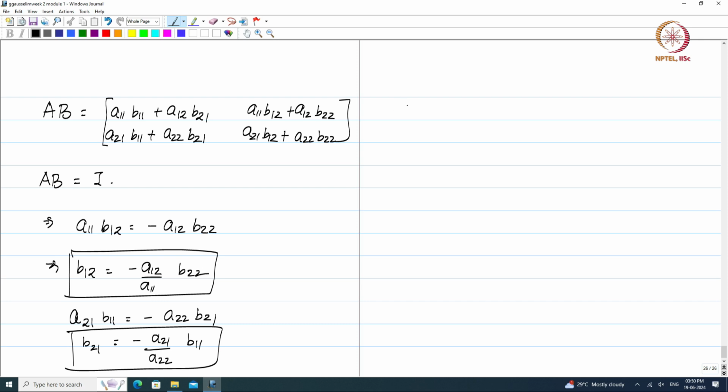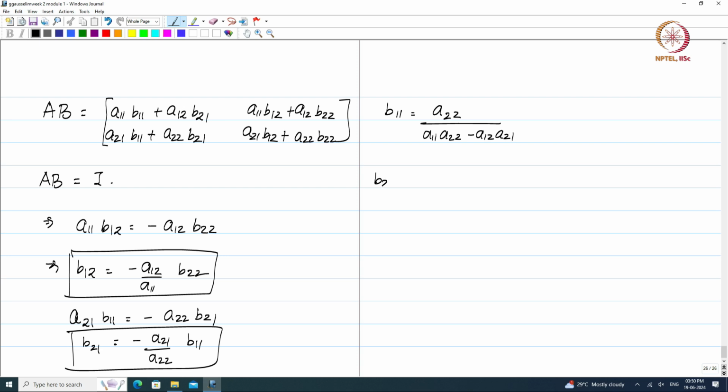Substituting for B12 and B21 in the equations with RHS equal to 1, we get A11 into B11 minus A12 into A21 into B11 by A22, that is equal to 1. So, B11 is equal to A22 by A11 into A22 minus A12 into A21.